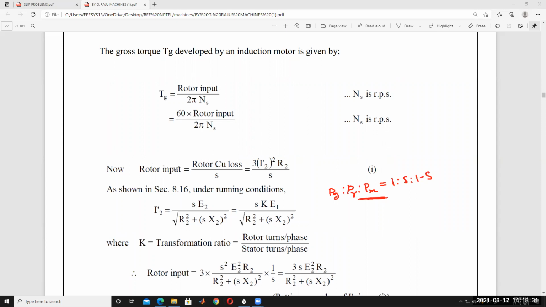So rotor input is nothing but the air gap power. Stator output or rotor input, both are the same.